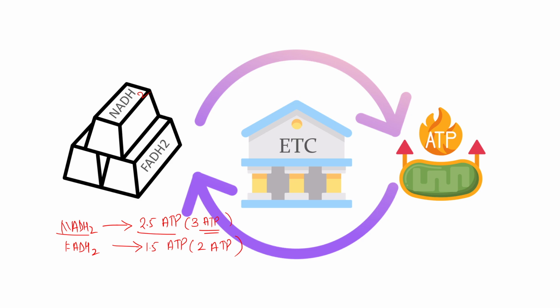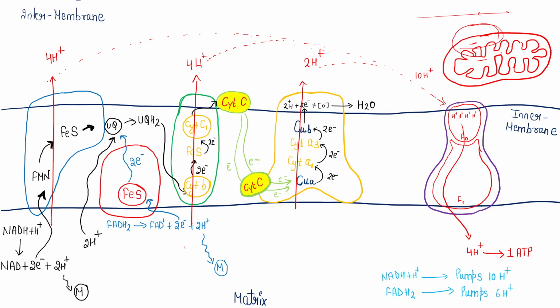We will also be calculating the total ATP production, right? For the entire ETC, these two are incredibly important products. And why is that so? You will get the idea about it. So let's get into it.